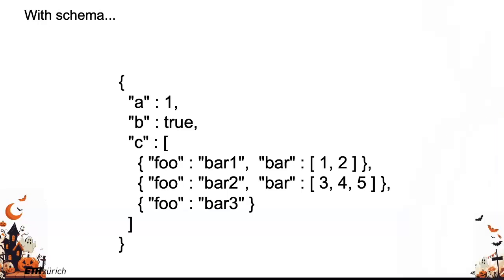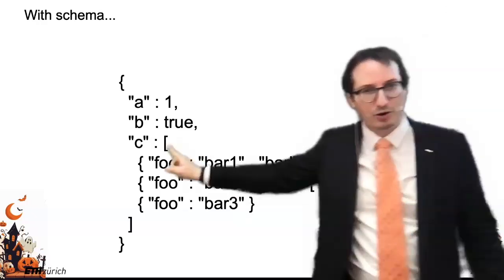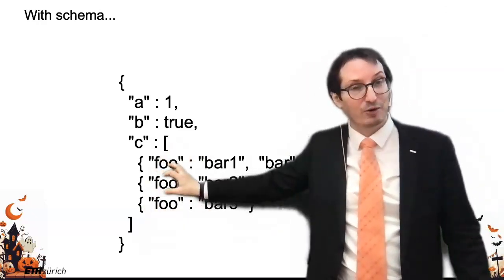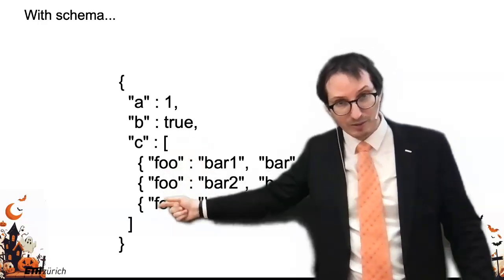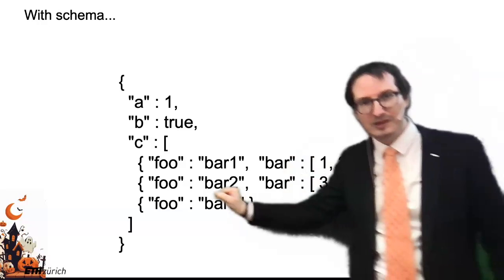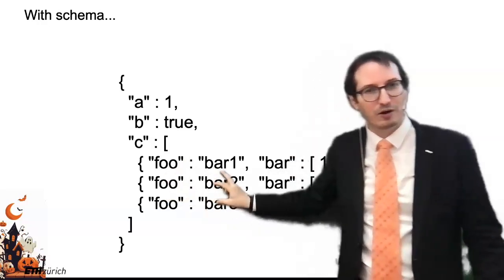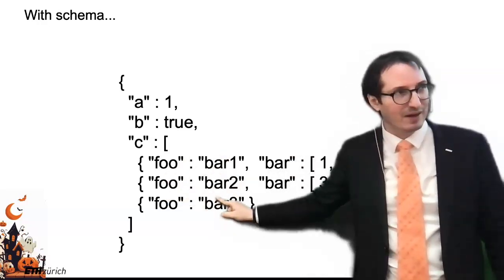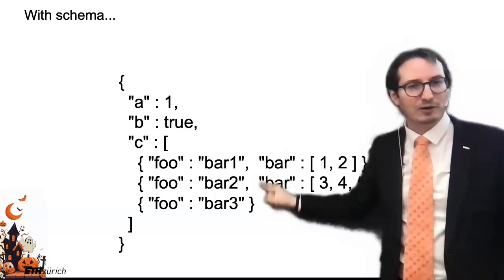This, on the other hand, and this is the intuition I want to give you, has a bit more structure. How do I see that it has more structure? Well, here I can see that I have an array and I have 3 objects in my array. It's already a good start. These are only objects, so it's an array of objects. But if I look inside the objects, I also see that they all have a key foo associated with always a string and a key bar that turns out to be optional.